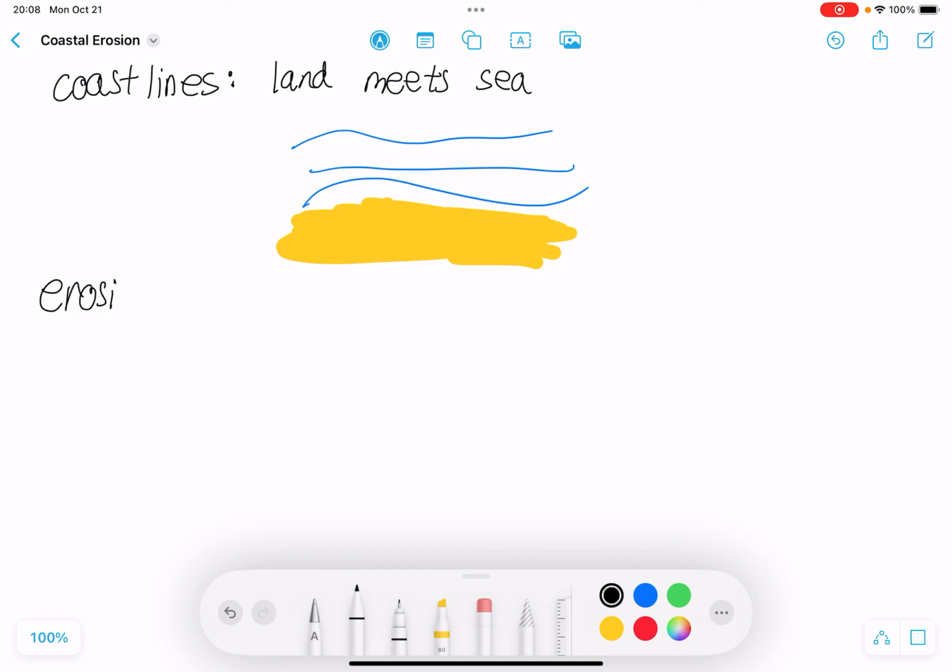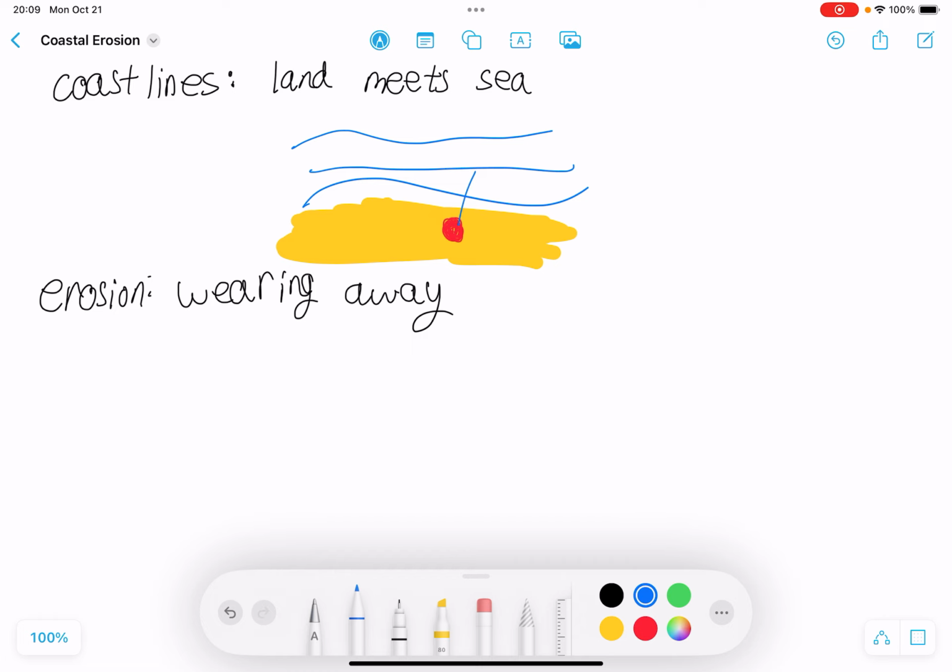Well, erosion is basically wearing away. For example, there's a piece of rock on the coastline. Let me draw a rock. I'll just draw a red rock. Now the waves will wash up this shore, and this rock might disappear into the ocean, into the sea, if there is a storm.